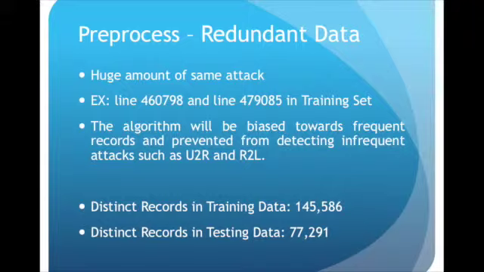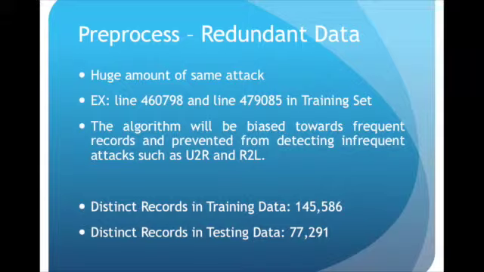So the algorithm will be biased towards frequent records and prevented from detecting infrequent attacks such as U2R and R2L. This is why we should remove the redundant data.